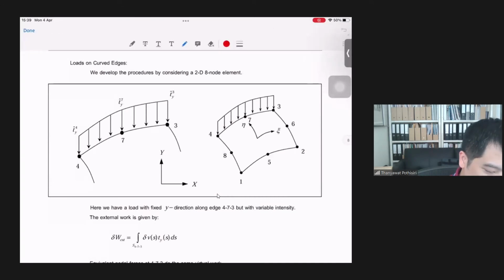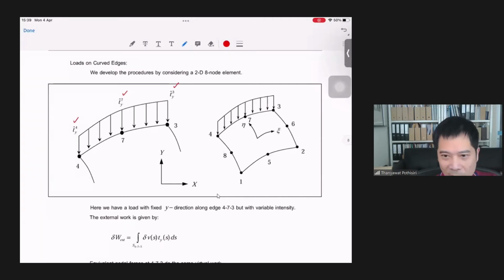So you have this different traction intensity in the y direction along this edge, for nodes 7 and 3 of this particular element. Okay, so how can we compute the work equivalent traction at each node along this edge then?